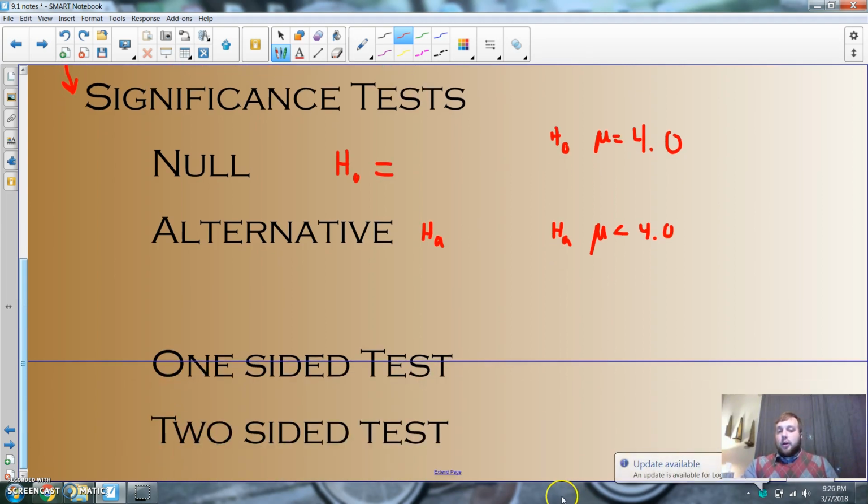So here are our options, okay? Our one-sided alternate will be either less than, I don't know why this blue line is here, so it would be less than, or maybe I might think another one-sided would be, hey, you know what? I think he's lying to me. I think he's got a greater than 4.0, which, obviously, can't happen.